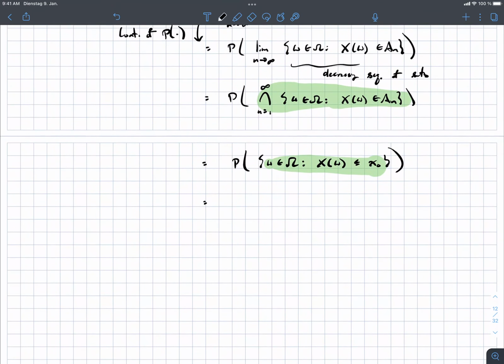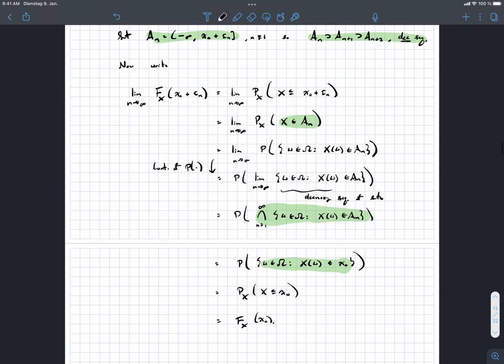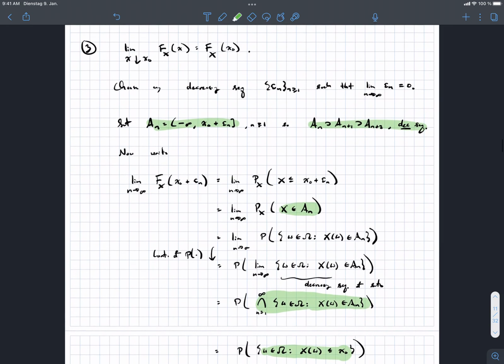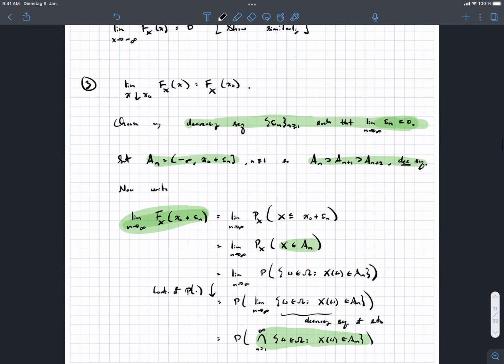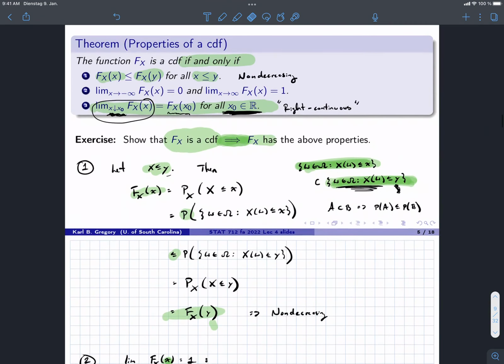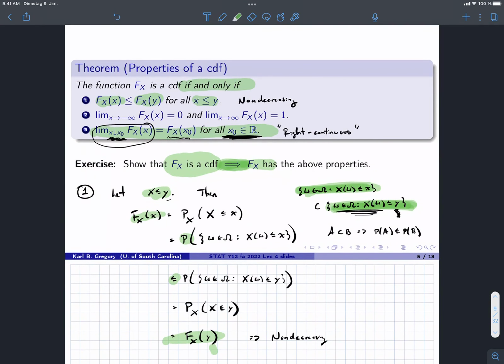Okay, so this is going to be just the probability that the random variable X is less than or equal to X0, and that's the CDF of X evaluated at X0. So we see that by showing for any decreasing sequence of epsilons with limit 0, this limit is equal to F of X at X0, which shows what we wanted to show. So we have this property of right continuity for any CDF.